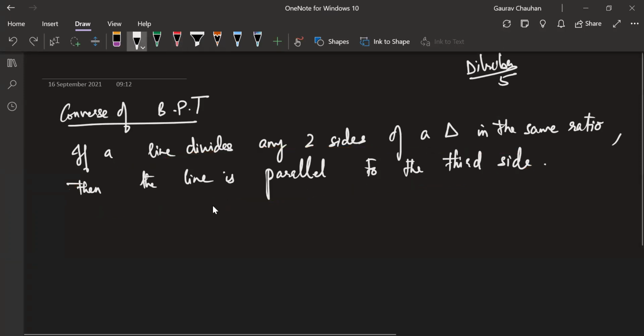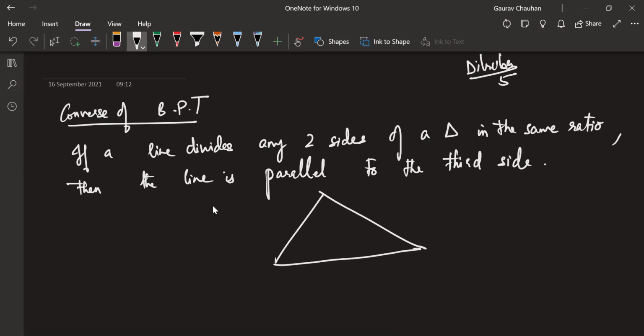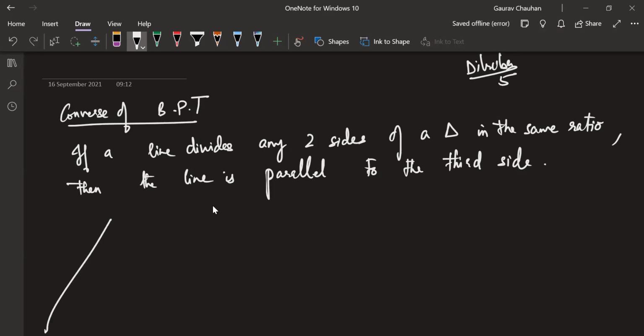I want you to take a minute and quickly draw a diagram. As you're copying this, also quickly draw a diagram. Let me draw it a little to the right. You don't have a parallel line, okay?